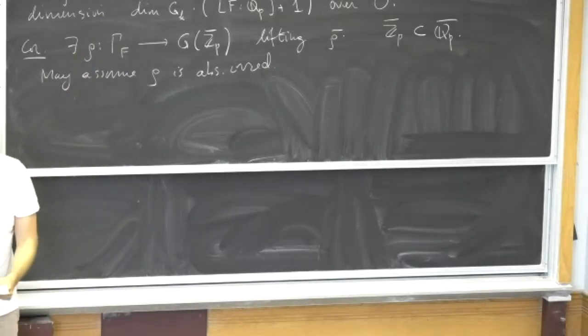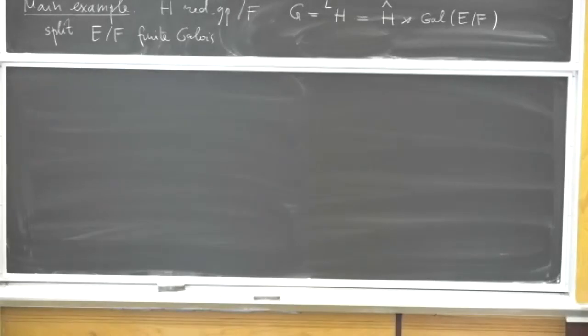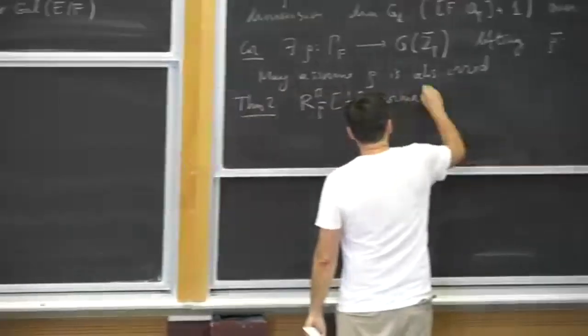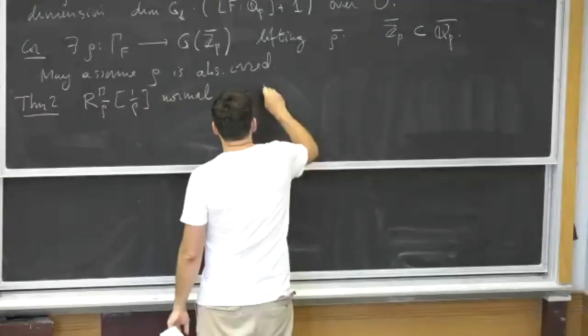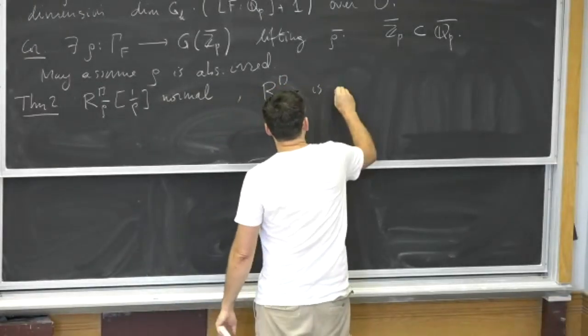Okay, so let me move on. Now there's also theorem 2. We show that this is flat over O, this is normal, and as a consequence, it's reduced.